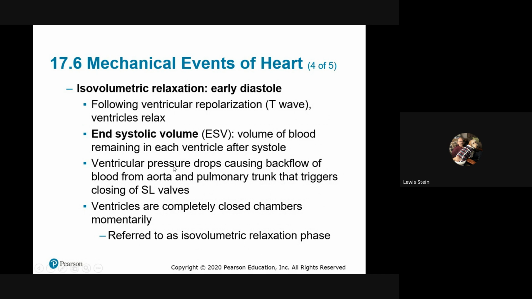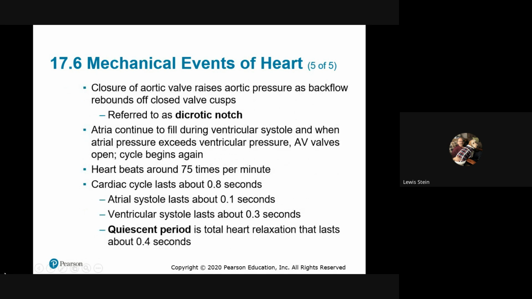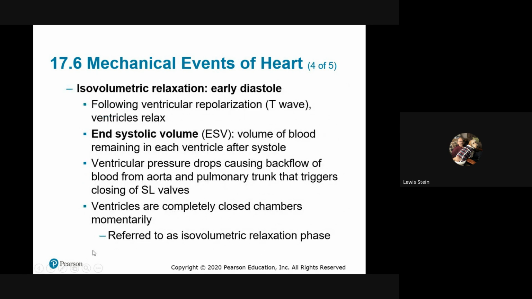Ventricular pressure drops, causing a backflow of blood from the aorta and pulmonary trunk that triggers the closing of the semilunar valves. I'll explain it. The ventricles are now completely closed chambers for a brief moment, and then you get a relaxation phase, and shortly thereafter, the atrioventricular valve opens and it starts to fill again. We get back to the start.